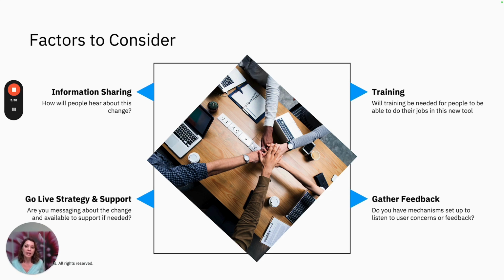And then finally, and probably most importantly, go-live strategy and support. When we go live with this change, with this new application, whatever the case may be, we need to make sure that we are there with questions, problems, concerns, because that's a very critical time when people are trying to log in and pay a bill or do their job and they can't and they don't know where to turn. You can really lose a lot of users at that moment.